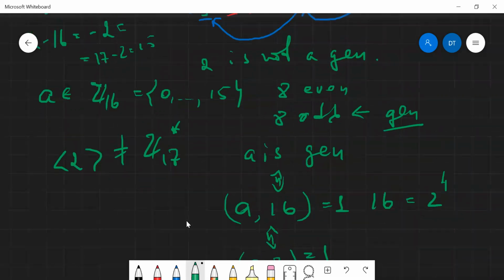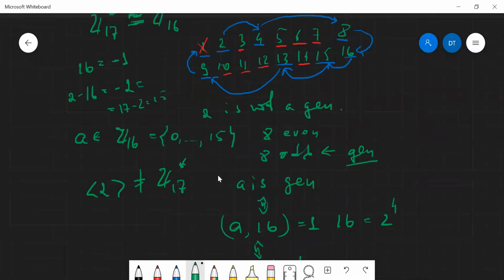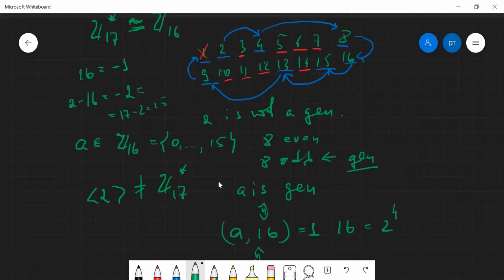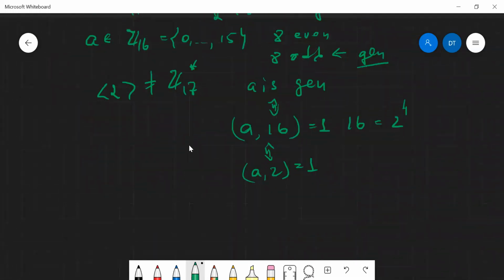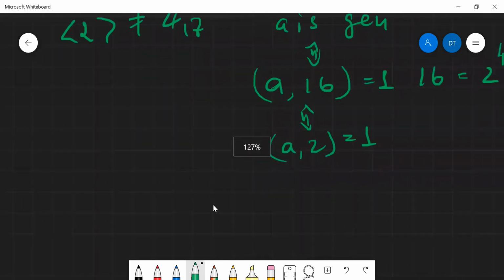Okay, yeah, and then you just compare the number of generators in each group. And I don't understand then why is a generator if and only if it is co-prime to 16? Okay. Well, I didn't explain that fact, but okay, let's show this.